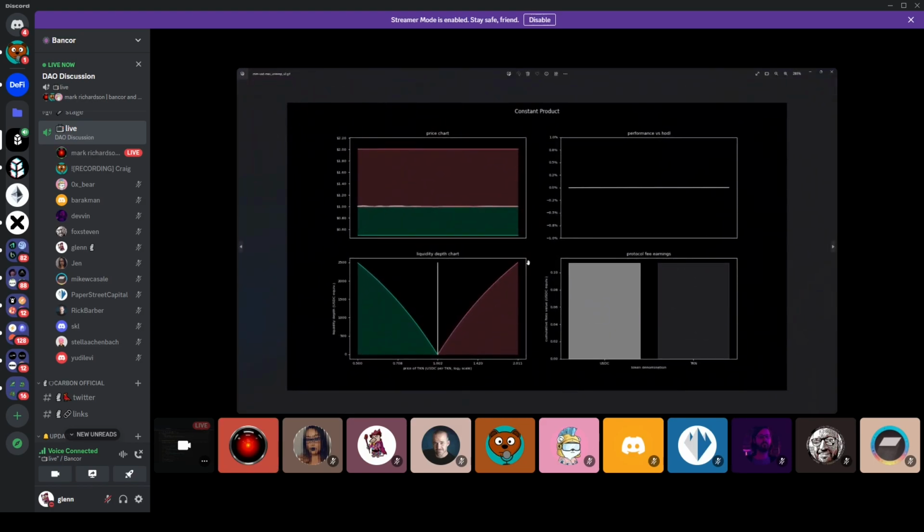Let's zoom up. And so you can see this is doing exactly what you would expect a constant product liquidity pool to do, right? MIM is a stablecoin, and so the price doesn't really move anywhere. And it's from looking at this type of visualization that you come to understand precisely why protocols like Curve exist, right?